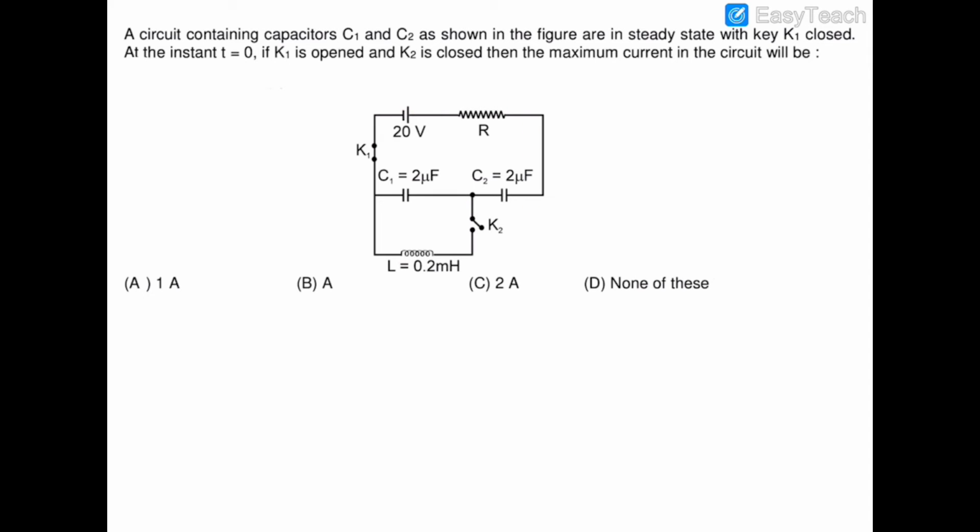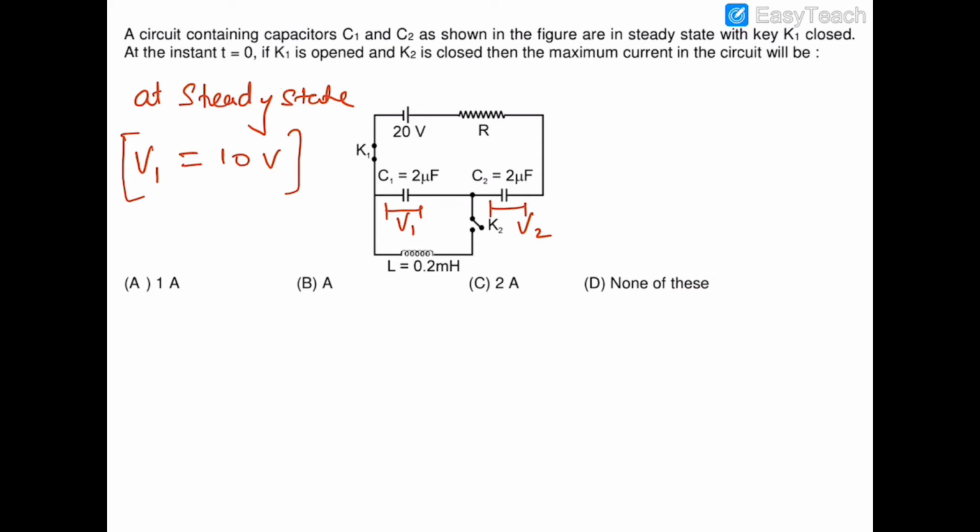So at the steady state, the voltage across capacitor C1 is V1 and this is V2. So V1 will be 10 volts, as we know that this cell will be dividing its total voltage equally in these two capacitors in steady state.